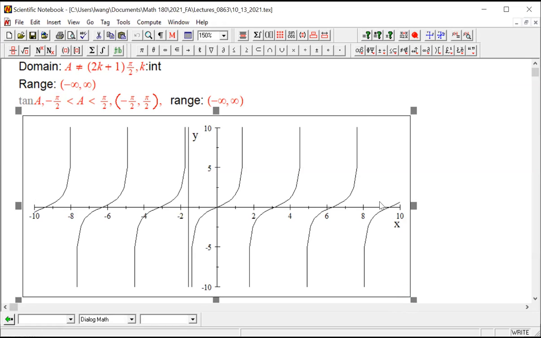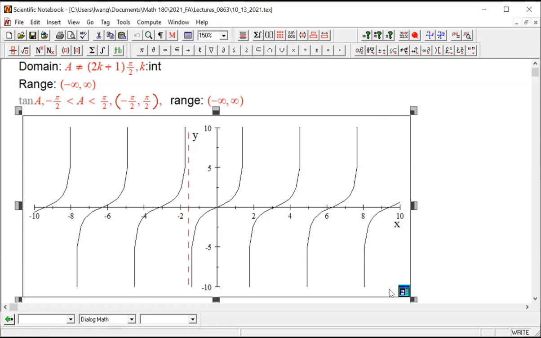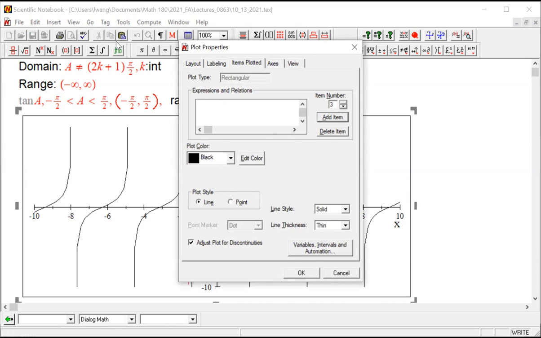Hold on. That line, I meant it to be red and broken. I want you guys to identify these points. I'll specify what I want you to identify.